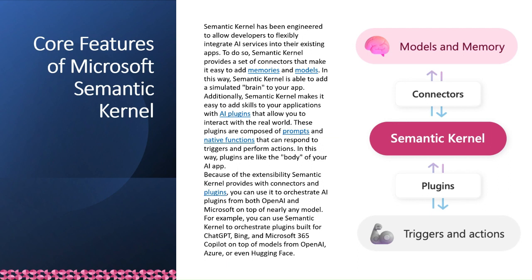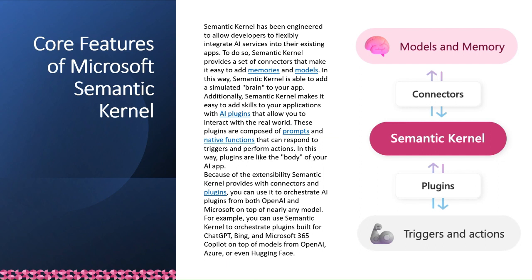As you can understand, Semantic Kernel is an orchestrator. It has been engineered to allow developers to flexibly integrate AI services into their existing apps. Semantic Kernel provides a set of connectors that makes it easier to add memories and models. Semantic Kernel is able to add a simulated brain this way into our app.